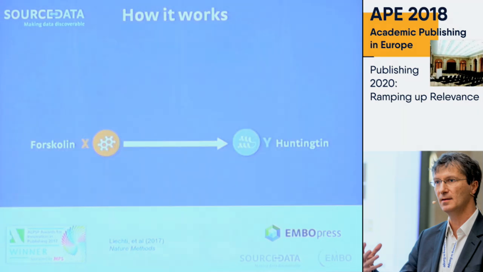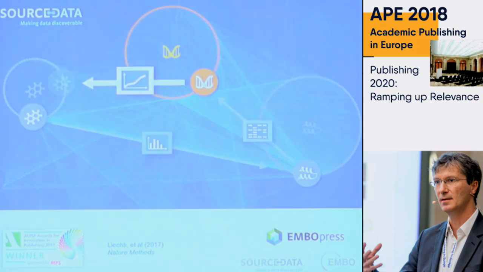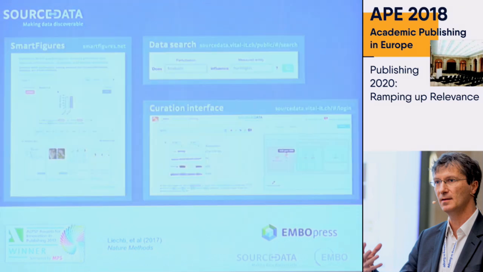And we classify them by whether they are the object of a perturbation or the object of the measurement. This is a very compact representation of the experiments, and we can link them to each other to build a database, which is essentially a graph database, where experiments and figures are linked based on common elements. We have built a series of tools now: a search interface, what we call smart figures, and also a curation interface that allows us to format the information in that form.